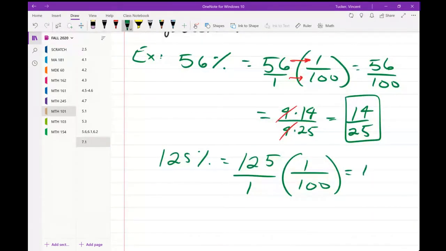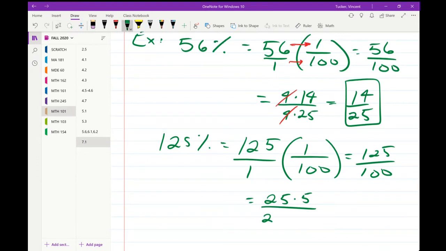Reduce first or just multiply across, then reduce. Up to you. 125 is 5 times 25. We already said 100 was 5 times 4. 25's cancel. 5 over 4.